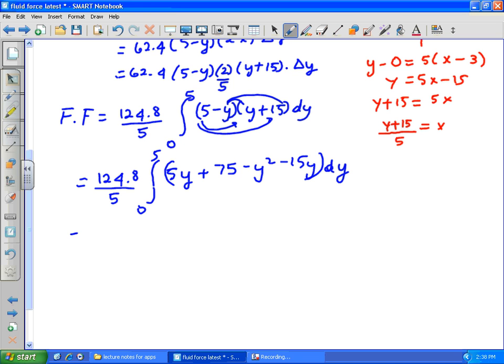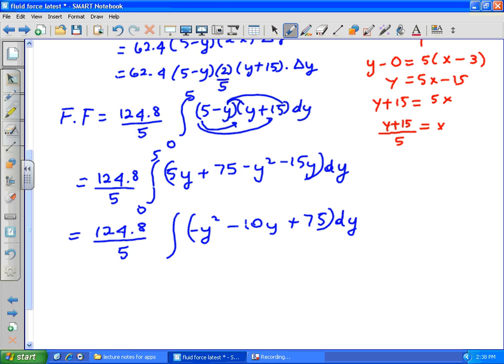Let's clean it up a little bit, and then we will integrate. So the negative 15y plus 5y, that's negative 10y. I have, first of all, negative y squared minus 10y plus 75, integrated with respect to y from 0 to 5.